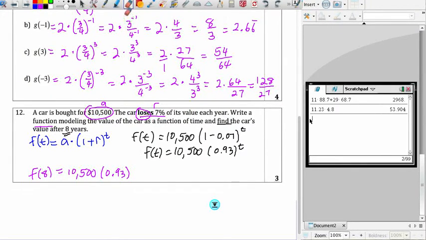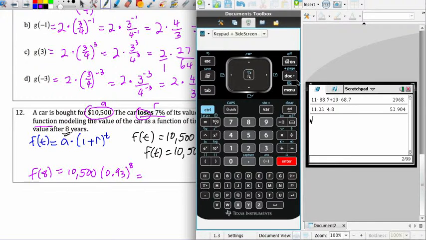And so what I need here is my exponent to be 8, and I'm going to type that into the calculator to work out the value. So I have 10,500 multiplied by, so I'm just going to use a set of parentheses, 0.93, and that is going to be to the power of, and in this case you could also put that power outside, belonging to the parenthesis, because the 0.93 is in the parenthesis, to the power of 8, and we get 5875.60.